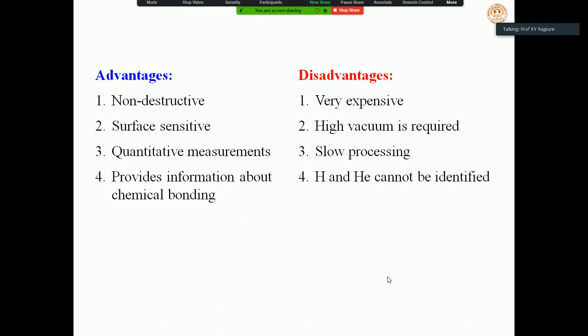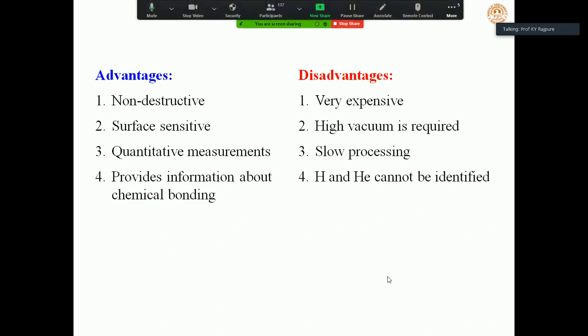Recently in our common facility center at Shivaji University Kolhapur, under the RUSA, Rashtriya Uchchatar Shiksha Abhiyan program, we have procured one of the XPS machines. Earlier this facility was available at Pune or Bombay or other metropolitan cities, not in a rural university like us. Of course, our university is changing its space from rural to global due to such programs and due to the kind of research being carried out at Shivaji University Kolhapur.